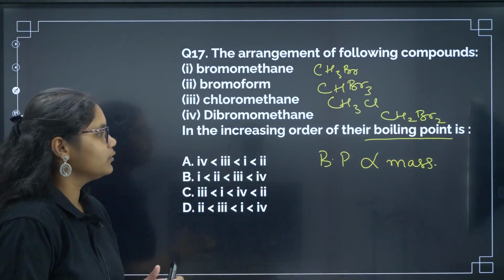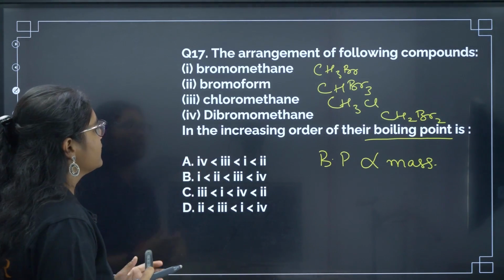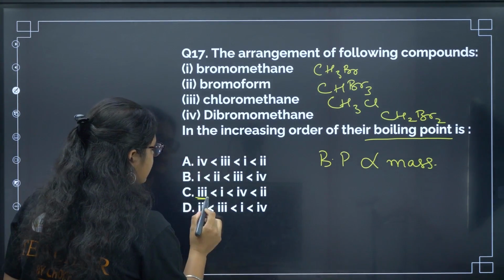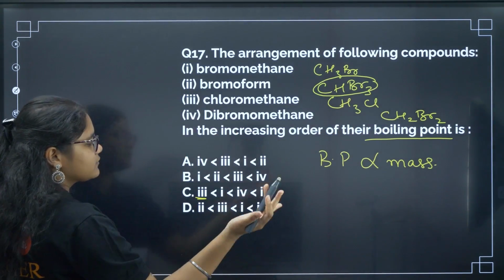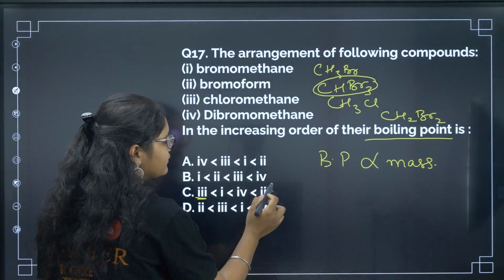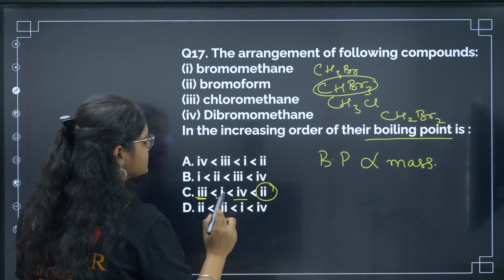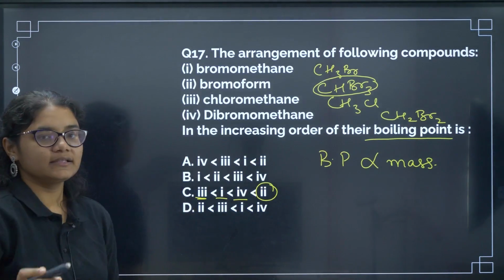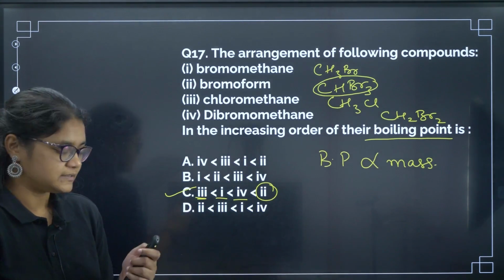So first of all, we know chloro is a smaller compound. It will have the least boiling point. So we can have option number 3 at the least. And if you see, CHBr3 will be having the highest molecular mass. So it will have the highest boiling point. Then will come CH2Br2, then will come CH3Br and the least will be CH3Cl. So the correct answer for this question will be option number C.